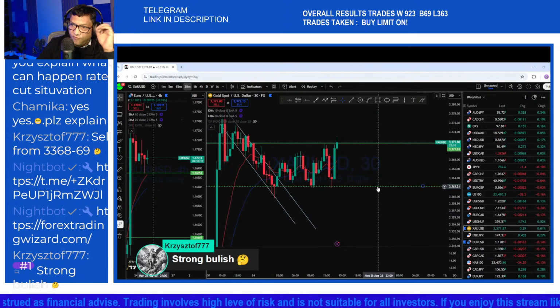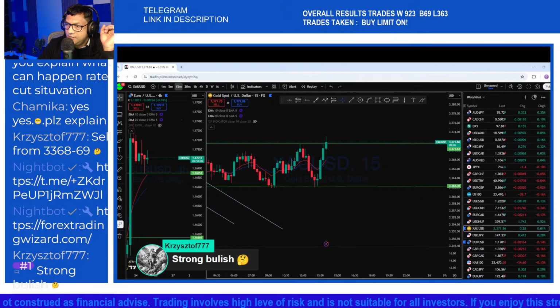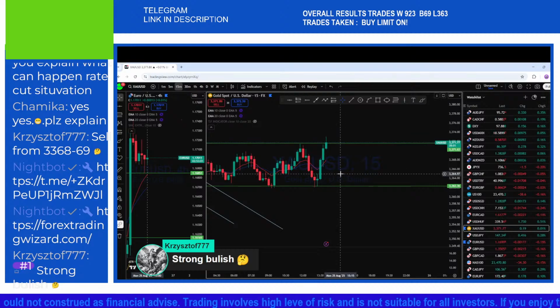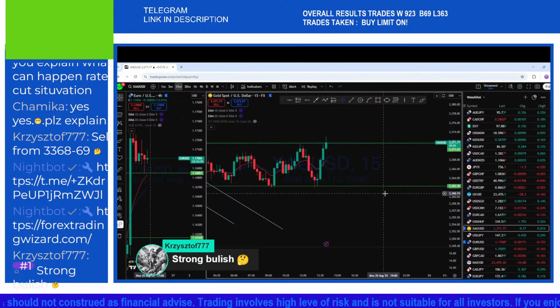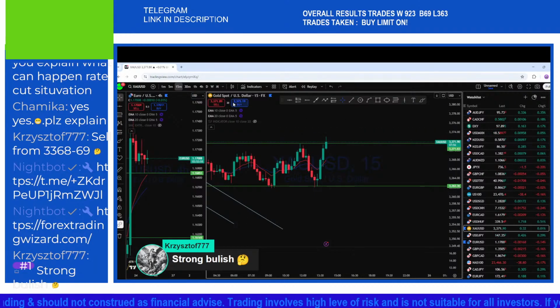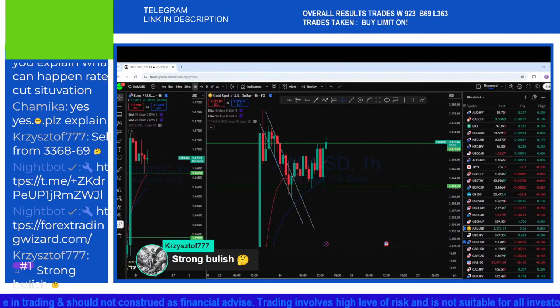Now for us to find that entry, if you look here, you can see this is a current support level, and in that support, as the market crossed that high, this is the current section of level, we'll be waiting for a deeper pullback.